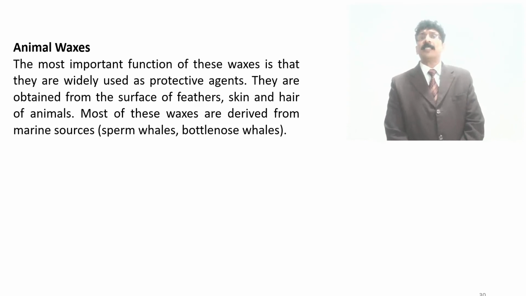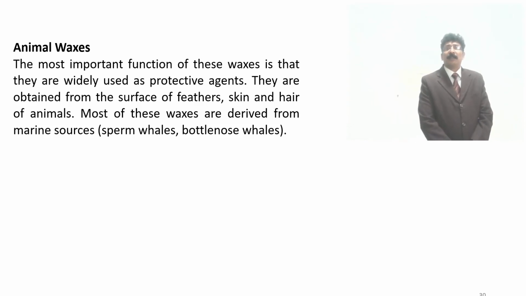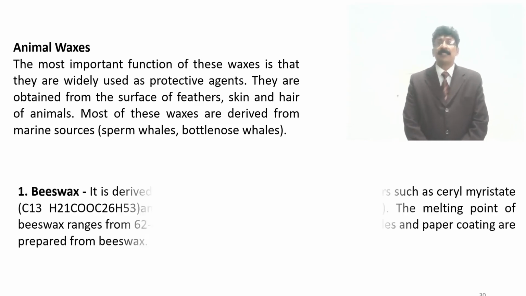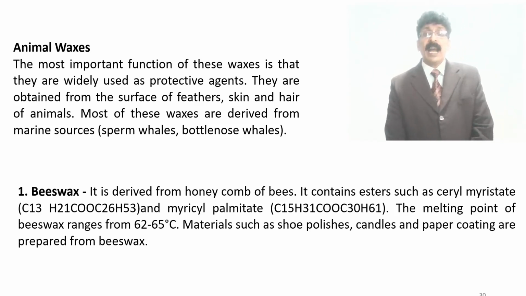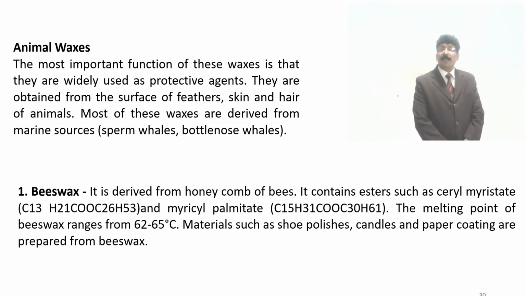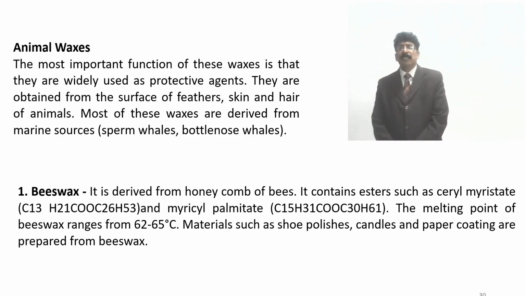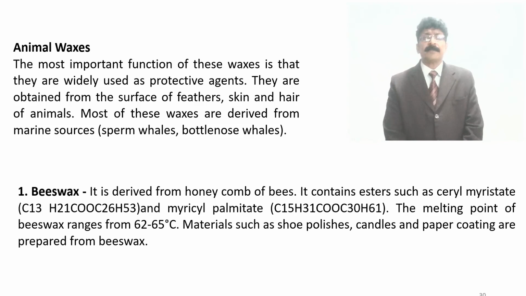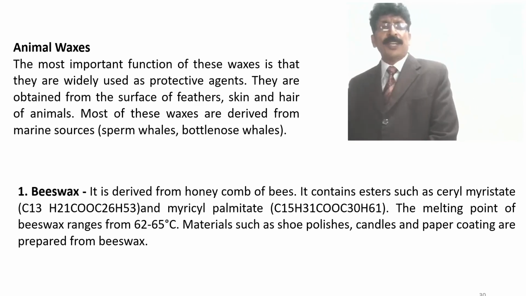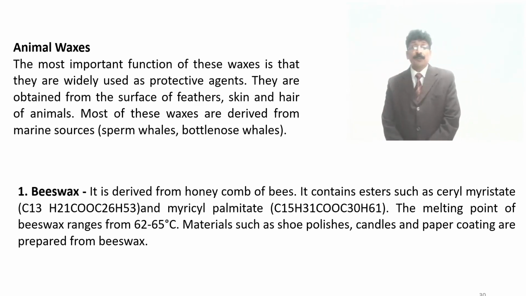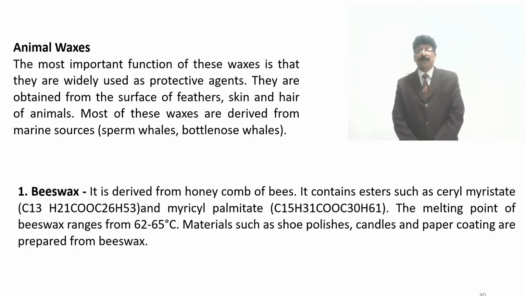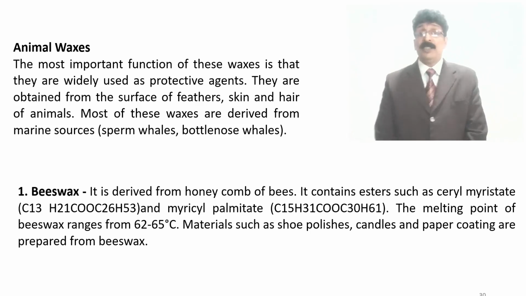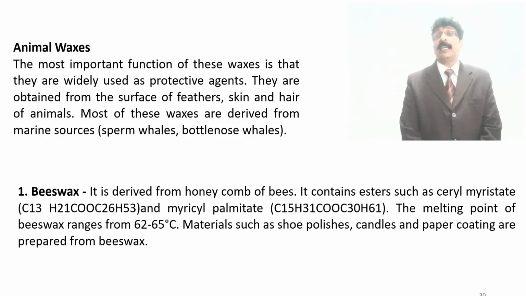Sperm whales, bottlenose whales. Number one, beeswax, as an example. It is derived from the honeycomb of bees. It contains esters of ceryl myristate, C13H27COOC26H53, and myricyl palmitate, C15H31COOC30H61, is also the formula.